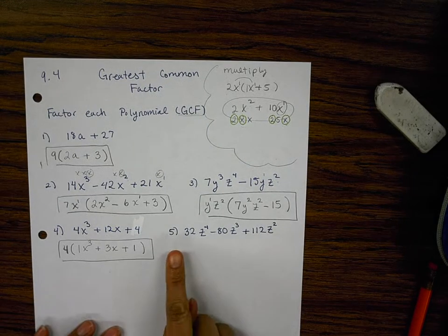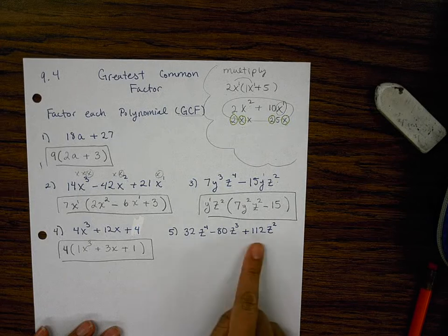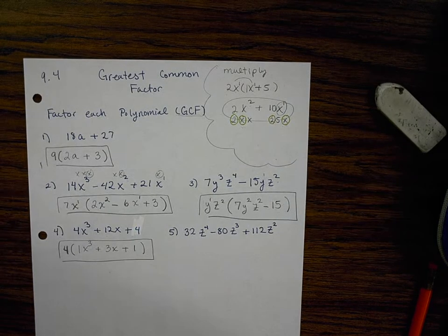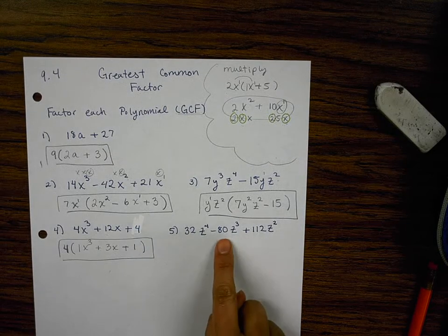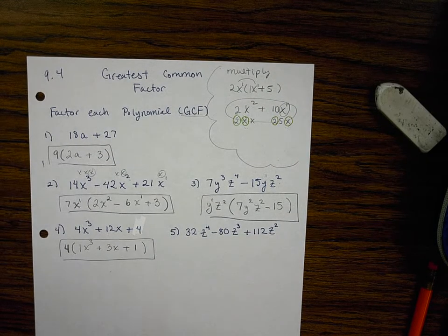Some big numbers. I'm going to give you guys a few seconds to figure out what the greatest common factor is. What's the largest number that goes into 32, 80, and 112? I'm going to give you guys a few seconds to do that now.